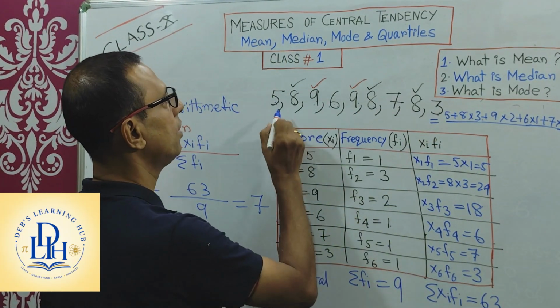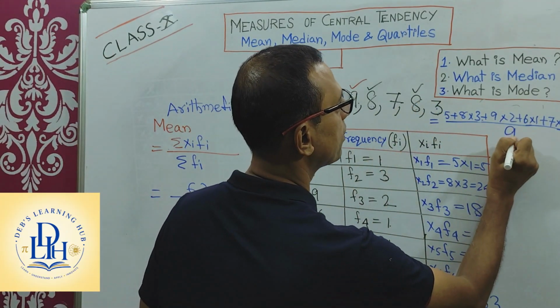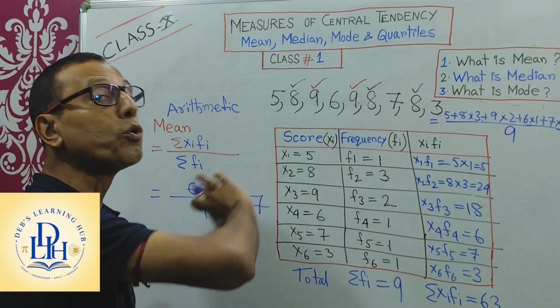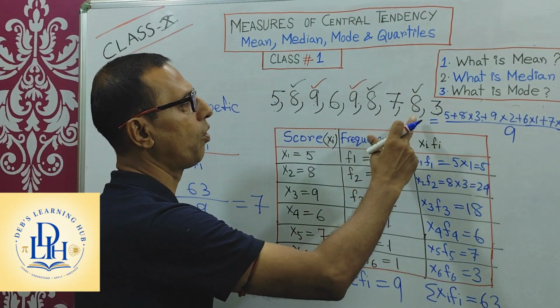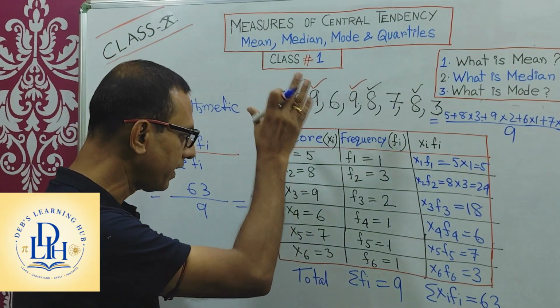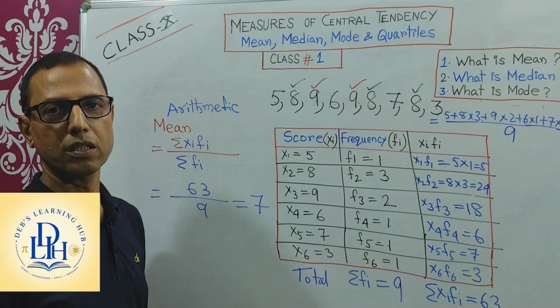How many times are there? 1, 2, 3, 4, 5, 6, 7, 8, 9. But for a huge number set, can you calculate like this or write down all the numbers multiple times? That is the utility of this tabular form of the frequency.